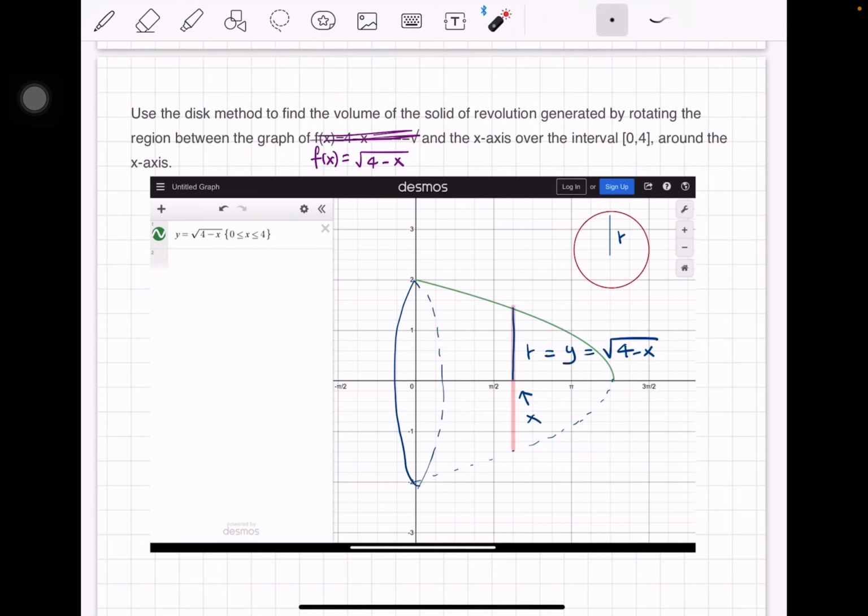Again, the radius r will change based on the x we're talking about. For this particular x, we have a particular y value, but in general, the radius, or the y, is represented by the function square root of 4 minus x. As the slice moves, our disk could be larger or smaller, so the radius could be larger or smaller too.